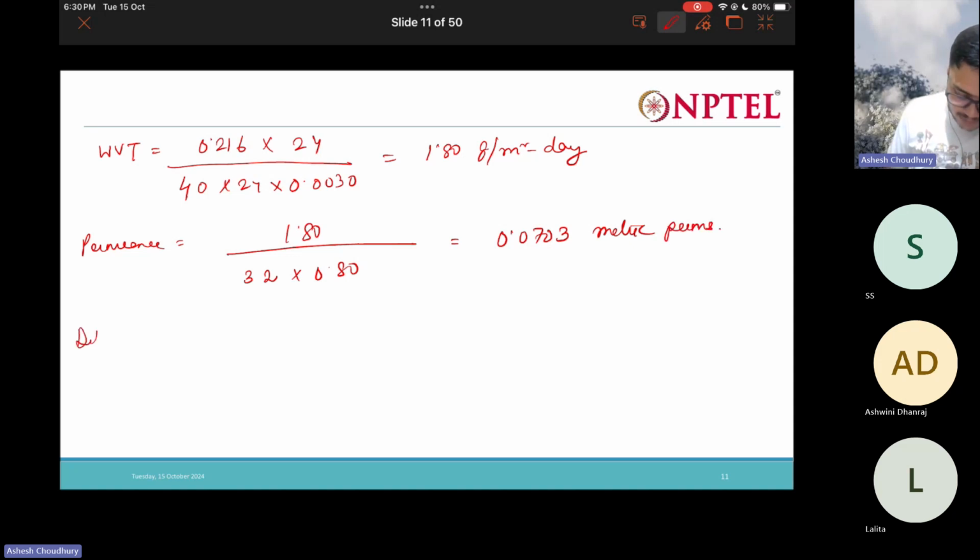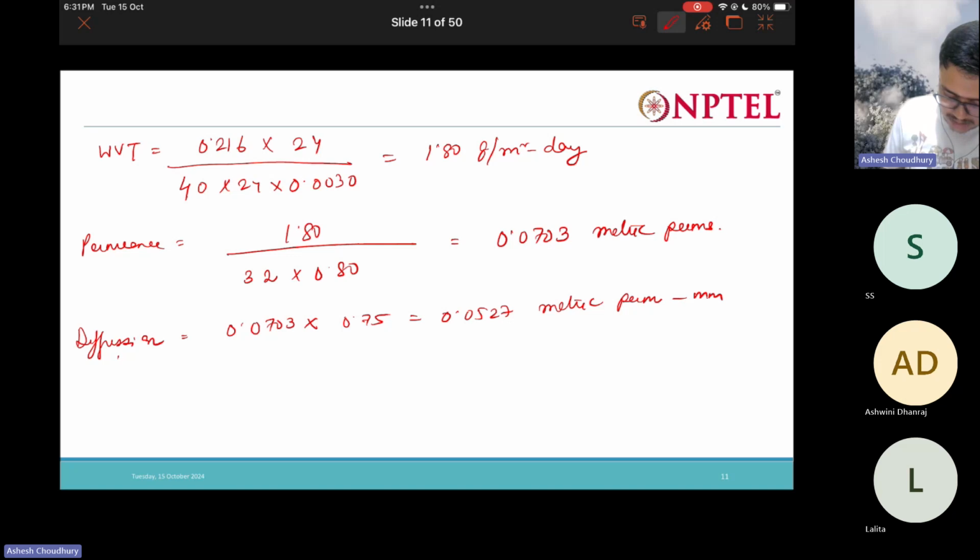Then we have the diffusion, 0.0703 times the thickness, in metric perm mm. So this is also known as permeability, but this is the Fickian diffusion.